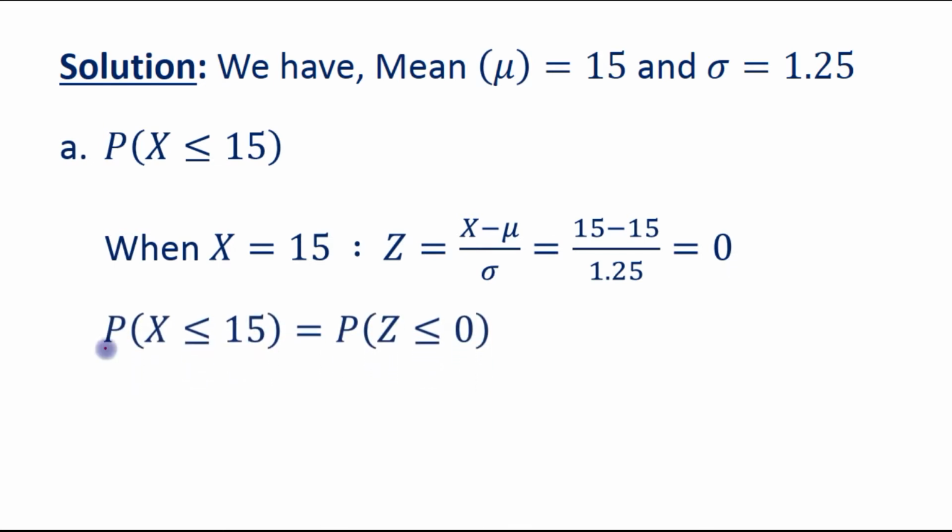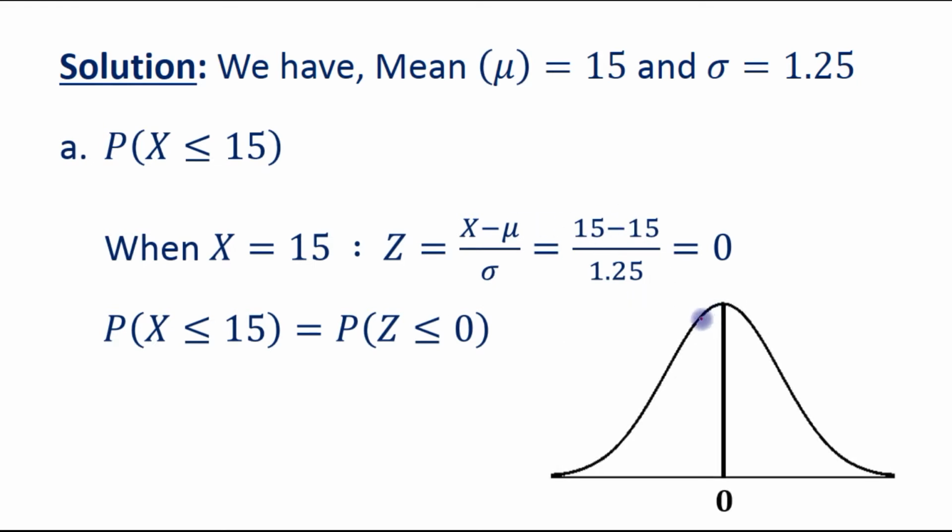So we can write probability that x less than and equals to 15 equals to probability that Z is less than and equals to 0. So basically we need to find this area to the left of 0, and we know that it is 0.5.